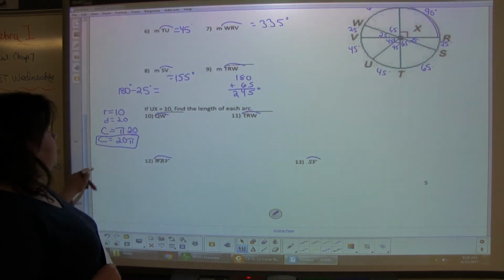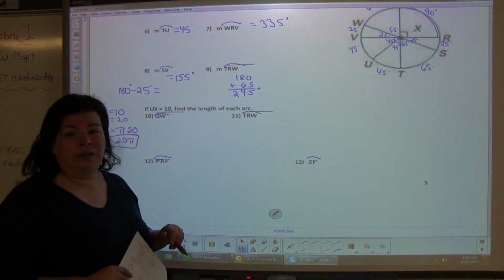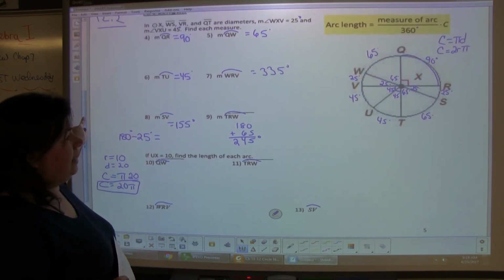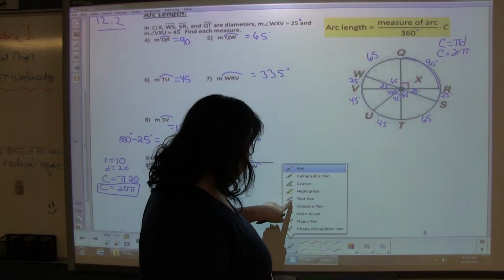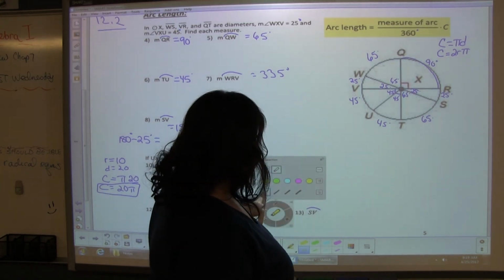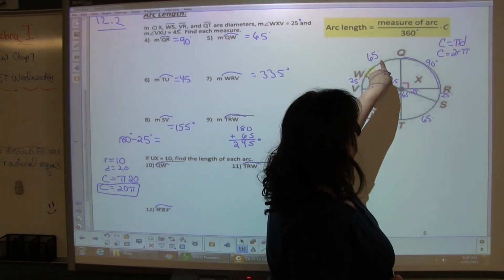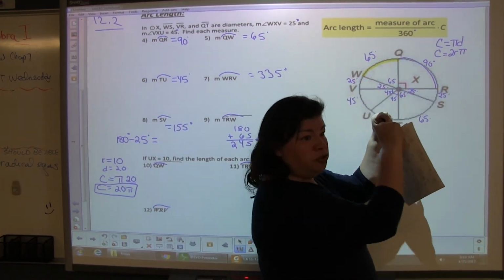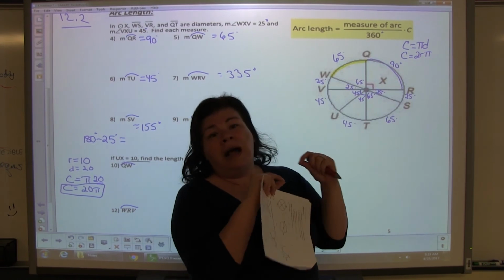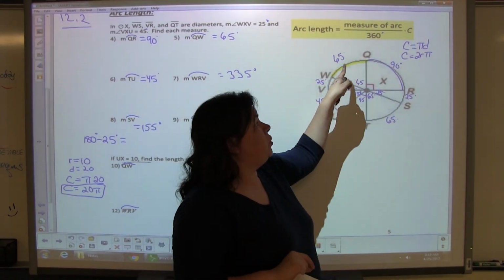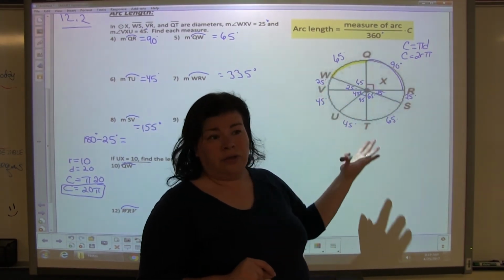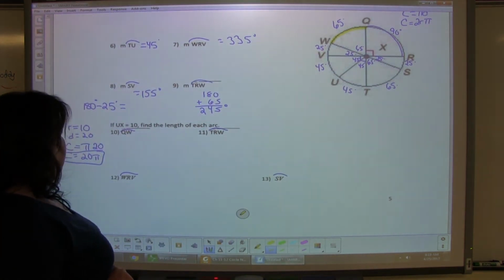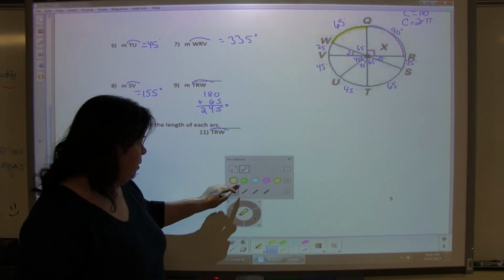All right. So in order to find the arc length of arc QW, what we're asking is if I were to go ahead and take a piece of string from Q to W and straighten it out, how long is that? How much of the entire circle, the circumference, is it? So what I'm going to do is I need to use our formula.